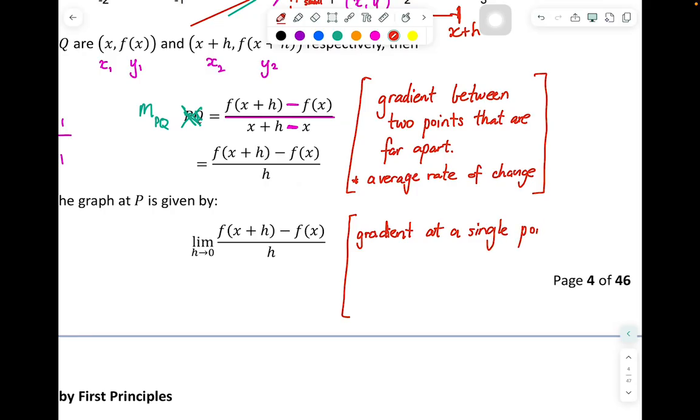This is the gradient at a single point, which is essentially 2 points that are super close to each other.